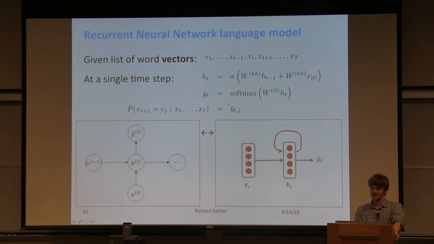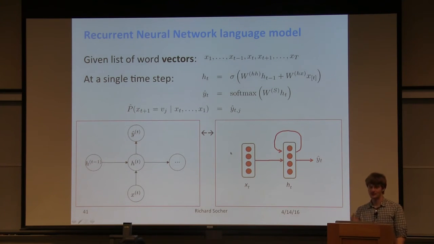Then to predict our probabilities over all the words, we just have our standard softmax definition. And we interpret that output to be the probability that the next word, xt plus 1, is exactly that specific index in our vocabulary.